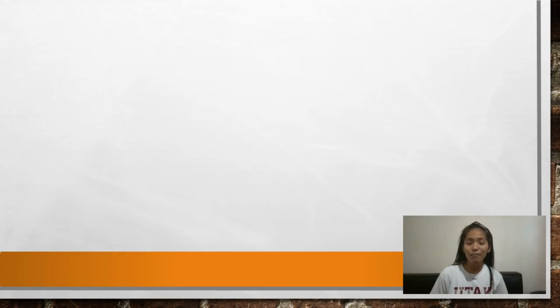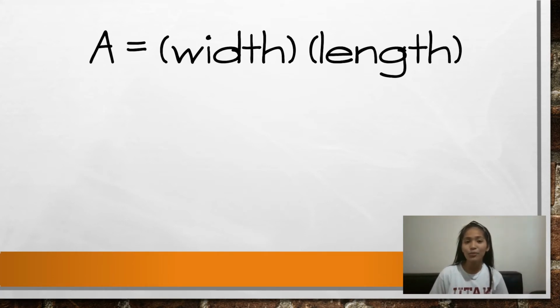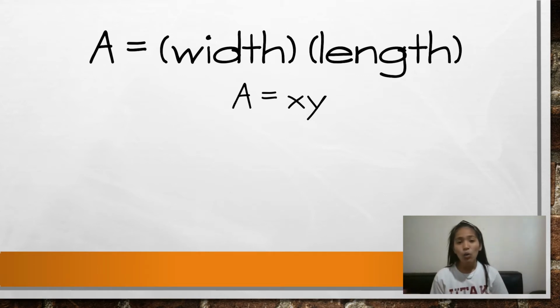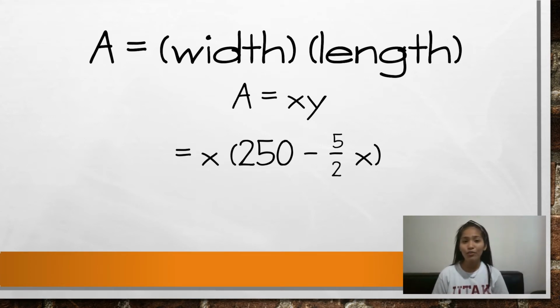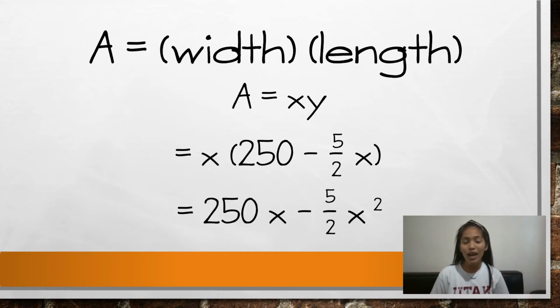We wish to maximize the total area of the pen by using the formula A = width times length, or simply A = xy. However, before we differentiate the right-hand side, we will write it as a function of x only. Substitute for y, getting A = x(250 - (5/2)x), or simply 250x - (5/2)x^2.